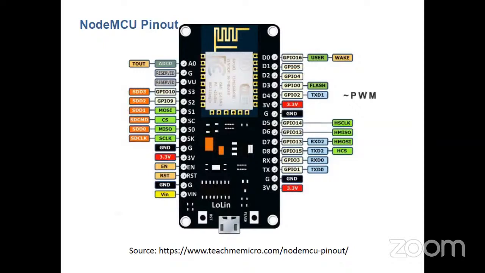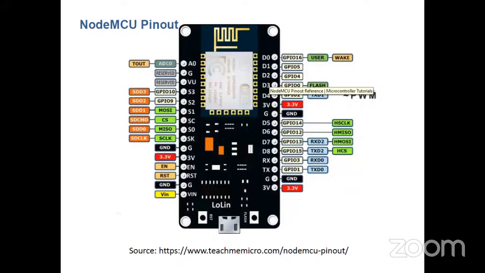Version 3, named Lolin, is larger in size compared to the other NodeMCU. Now we can see the pinout diagrams. You can see pins are labeled D0, D1, D2. D means digital, so these are digital input output pins. We have D0, D1, D2, D3 up to D8.